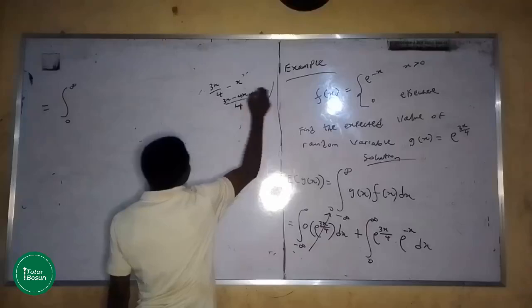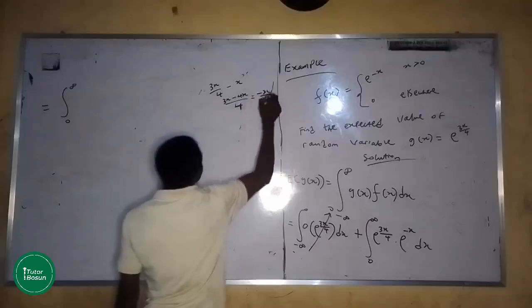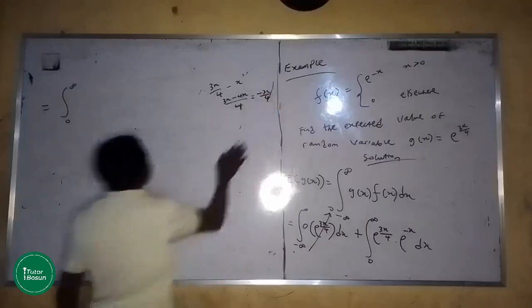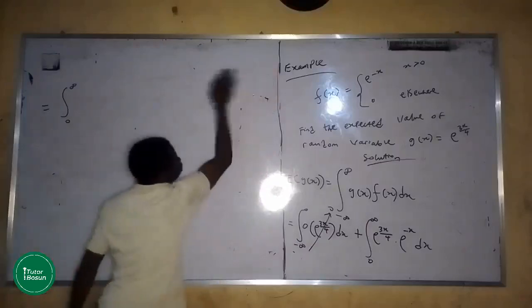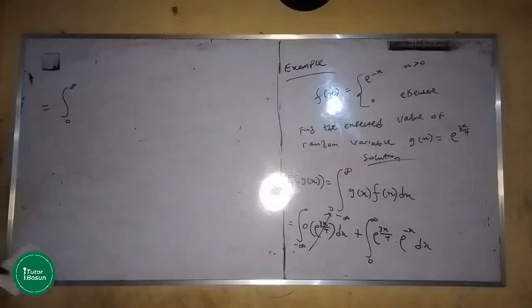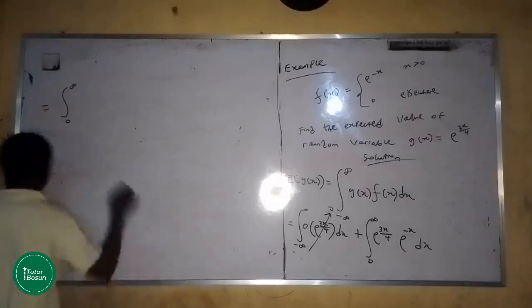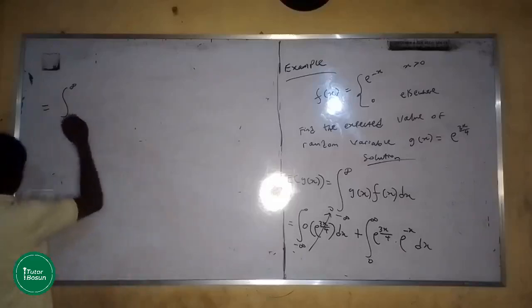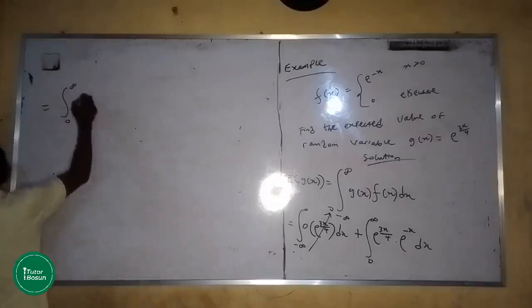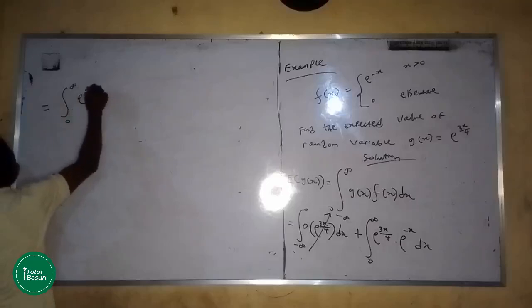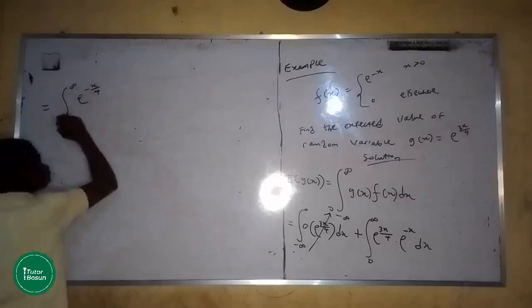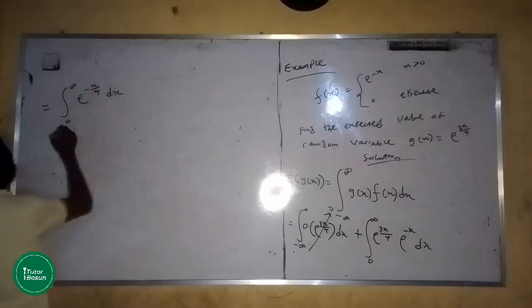So automatically you are left with minus x over 4. That gives you exponential minus x over 4. So we are left with the integral of exponential minus x over 4 dx.